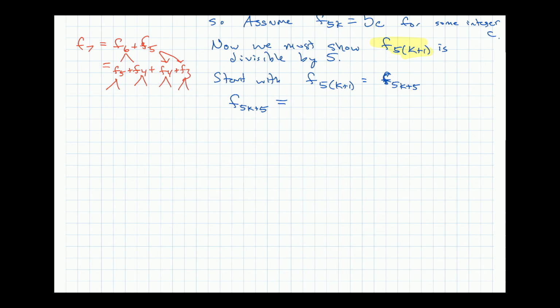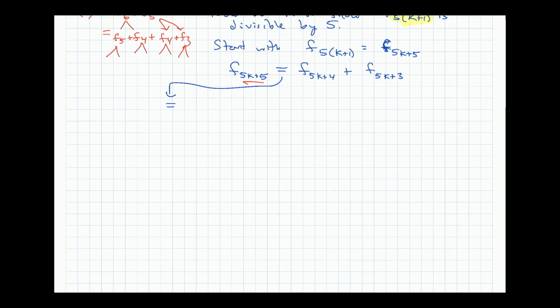That's what we're trying to do here, but we've got 5k plus 5. So we've got not a specific number here. We've got it just written as 5k plus 5. Nevertheless, we can do this. So we're going to start splitting this up. You say f5k plus 5 is, well, f5k plus 4 plus f5k plus 3. Now I'm going to give myself some more space here and move the equal sign over.